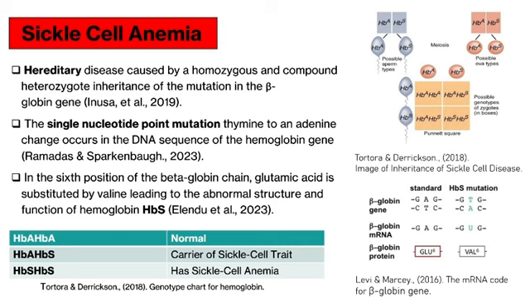Carriers with HbA/HbS are usually healthy, but they do experience mild anemia because half of their hemoglobin is normal and half of their hemoglobin is abnormal. This is due to their sickle cell trait. And if someone is HbS/HbS, they are considered homozygous for the mutation and they do have sickle cell disease. In conclusion, this single amino acid substitution is the main cause of this disease.